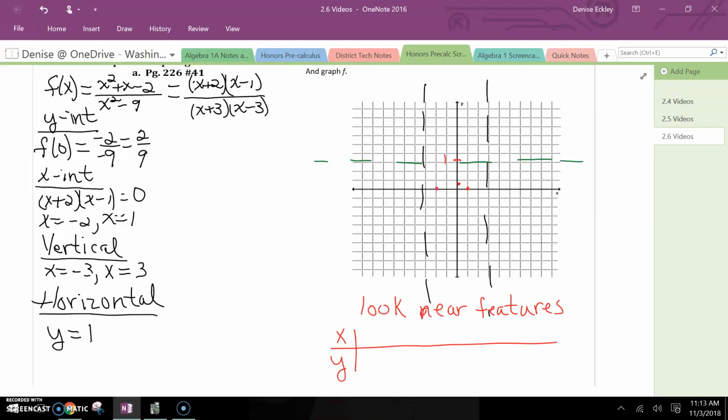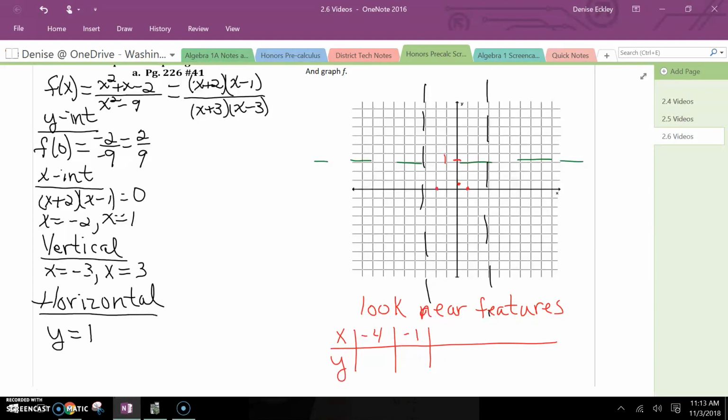So to begin with, as we move from the left, the first thing we see is a vertical asymptote at negative 3. So I'm going to look to the left of that, at negative 4. Then I have a 0 at -2, so I want to look on the other side of that, which would be at -1.